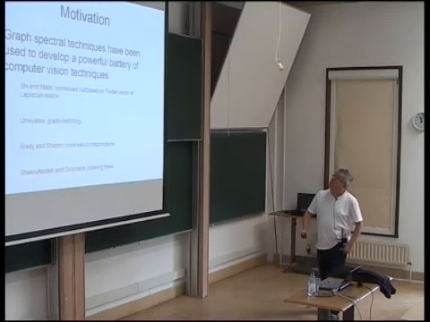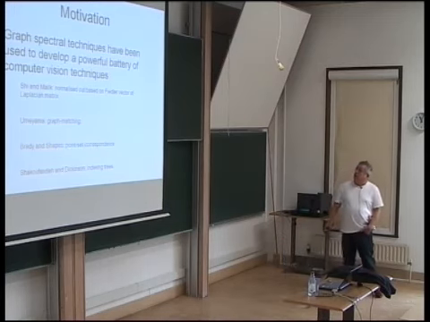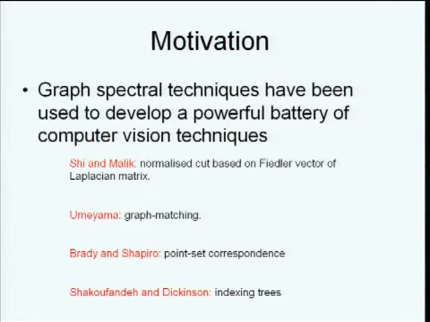So this is really the motivation for the talk. Those of you from the computer vision and image analysis area will know that there's been a considerable amount of work on the development of graph spectral techniques for computer vision. Possibly the most famous is Shi and Malik's recursive bisection technique for image segmentation, which relies on the Fiedler vector to segment images.